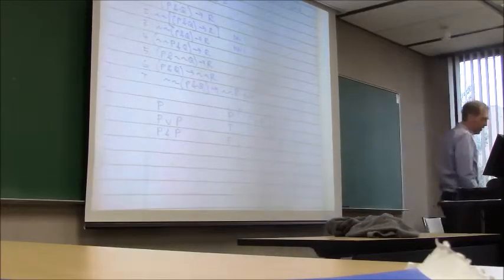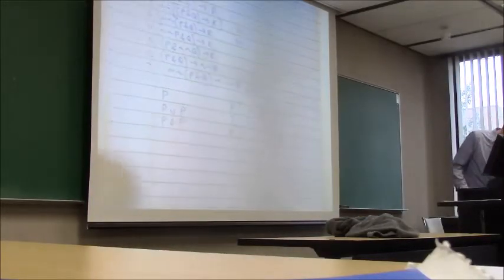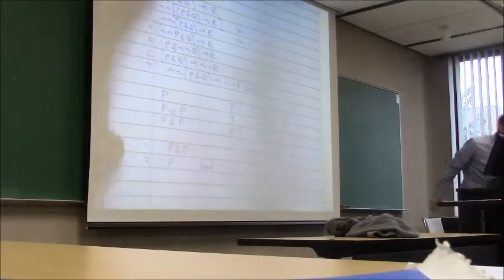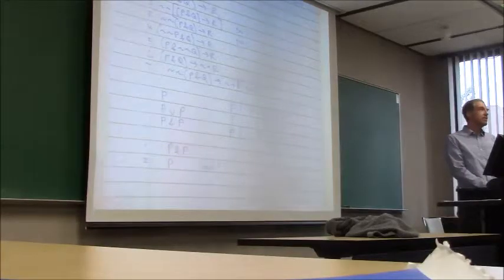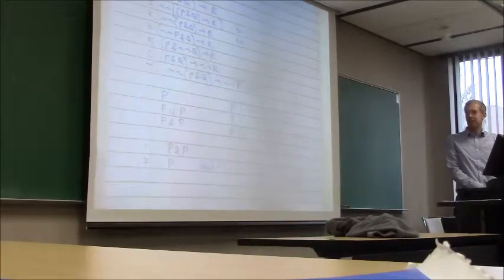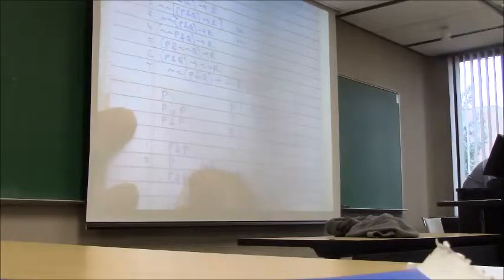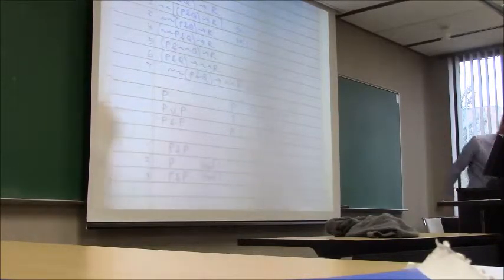Now, you might have noticed that suppose I start with P and P on one line, well I can get P by tautology on line 1. There's another rule that you've already learnt that would also give you the same result. What is that? Simplification. Yes. However, what simplification won't allow you to do is to go the other way, which tautology will.